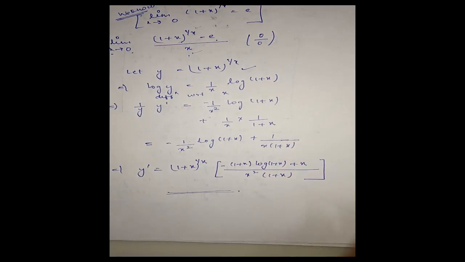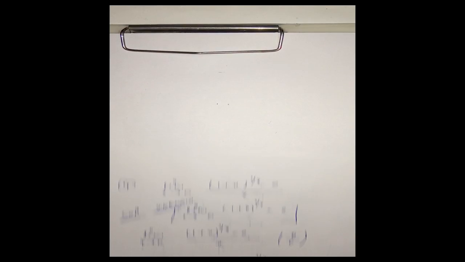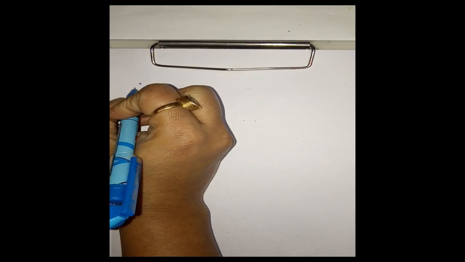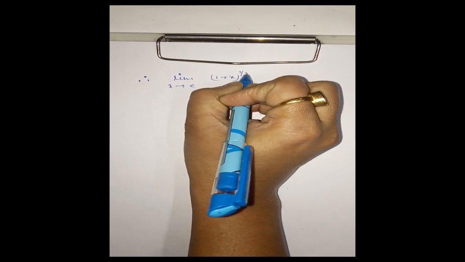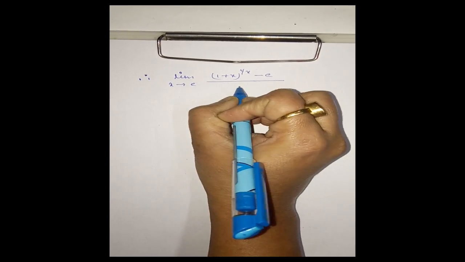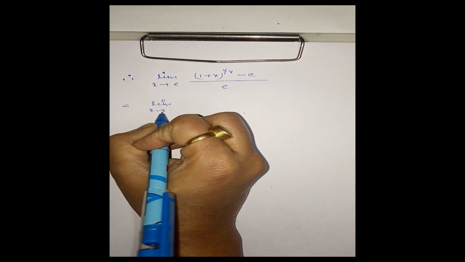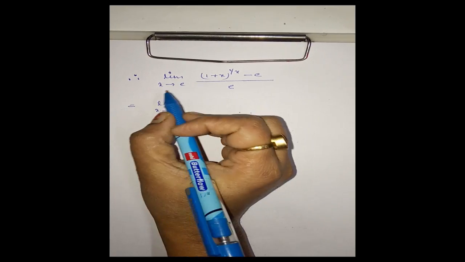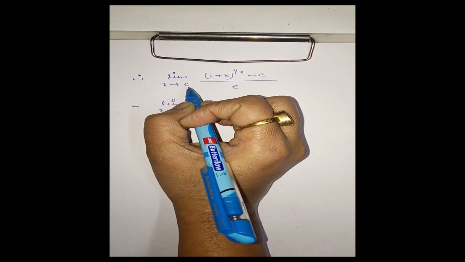Now applying L'Hopital's rule to our problem, we get the limit as x tends to 0 of ((1 plus x) power 1 by x minus e) divided by x.